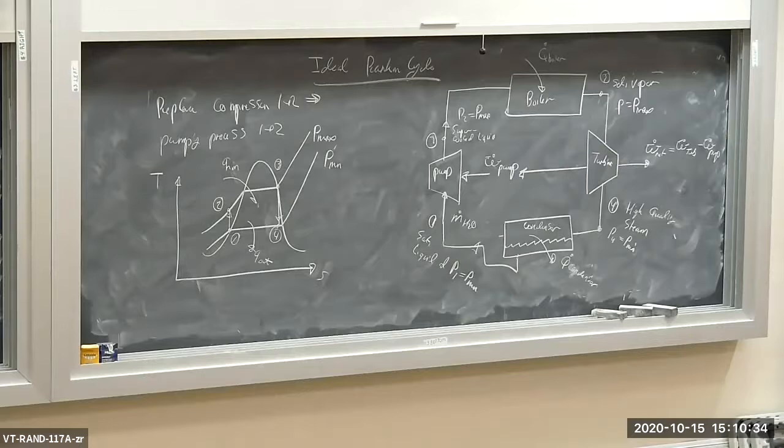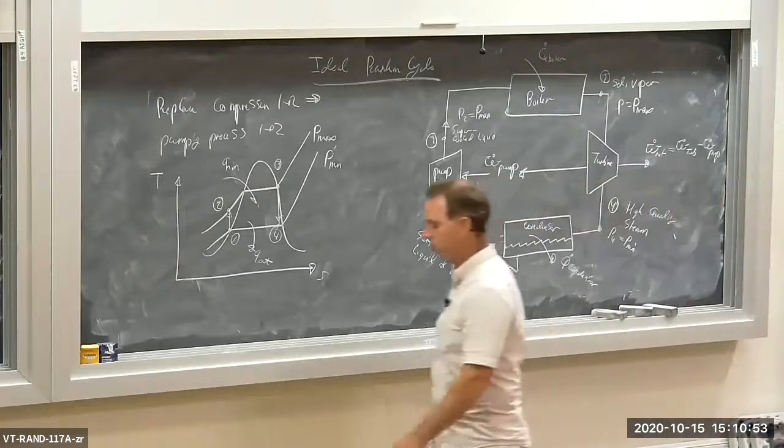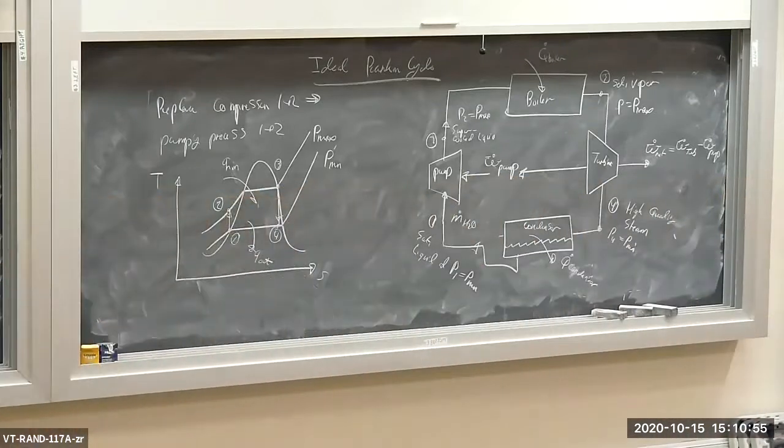We have phase changes going on. We're operating at times within the dome. Definitely not using air. Definitely can't use ideal gas law. So we're stuck with saturation tables, superheated vapor tables. Maybe you'll have a problem where we have superheat. Okay, who knows? So we're dealing with H2O.